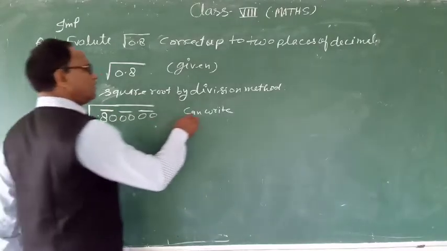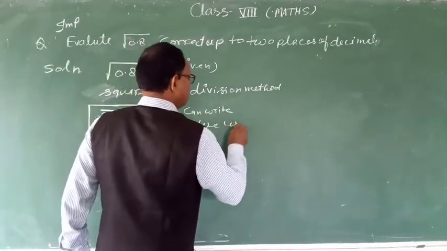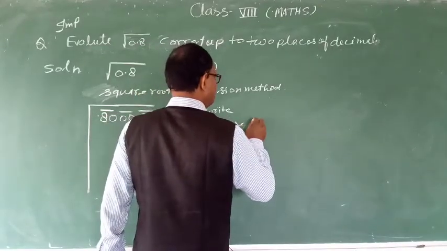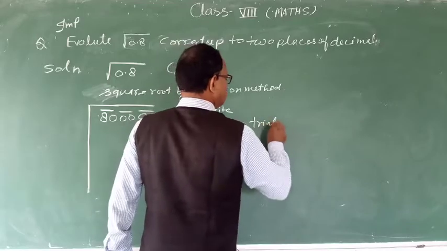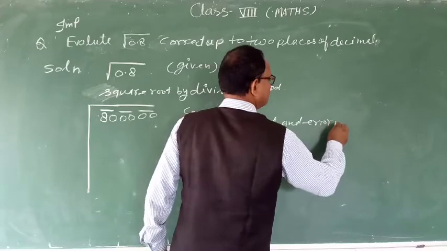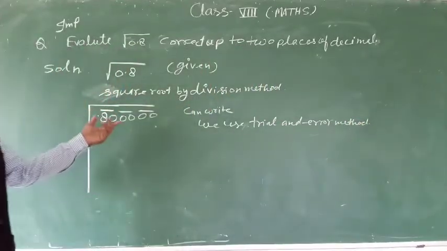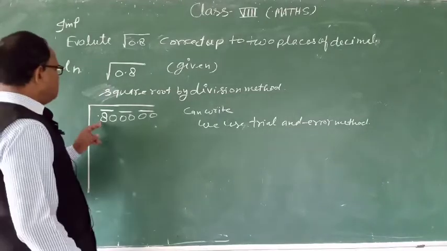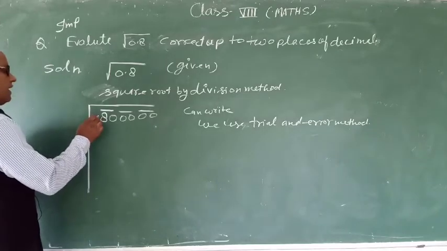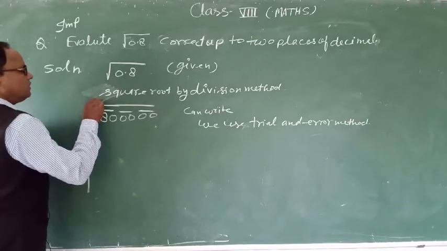After this we use the trial and error method. The decimal point finishes from here, and write the decimal here.